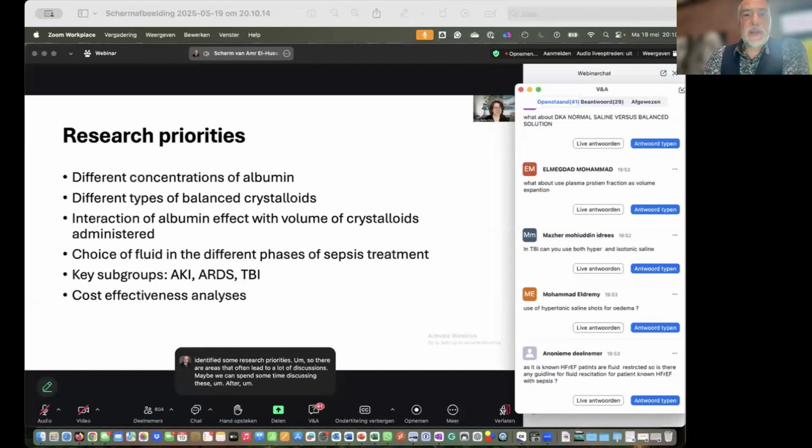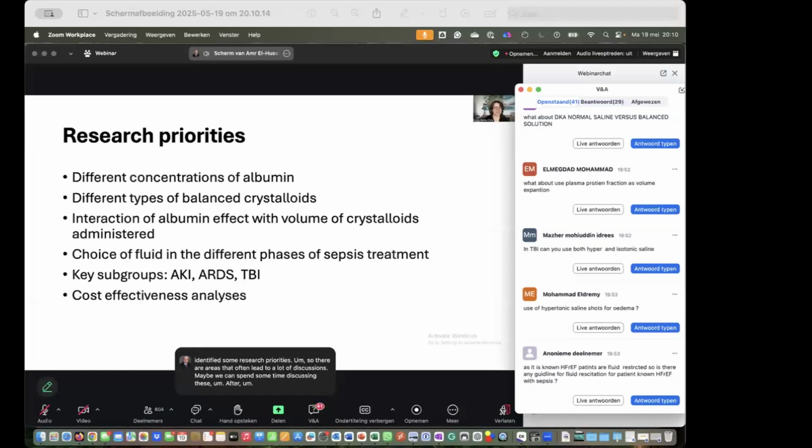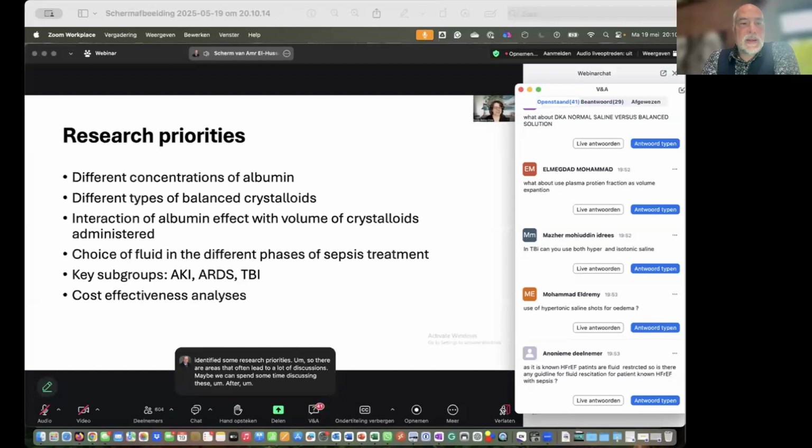Take your phone, pick a browser, enter menti.com, and then when asked, enter the code 46582926. So here in patients with sepsis, again, we have Ringer's lactate, Plasma-Lyte. Those two together are a majority, and less saline compared to the previous.